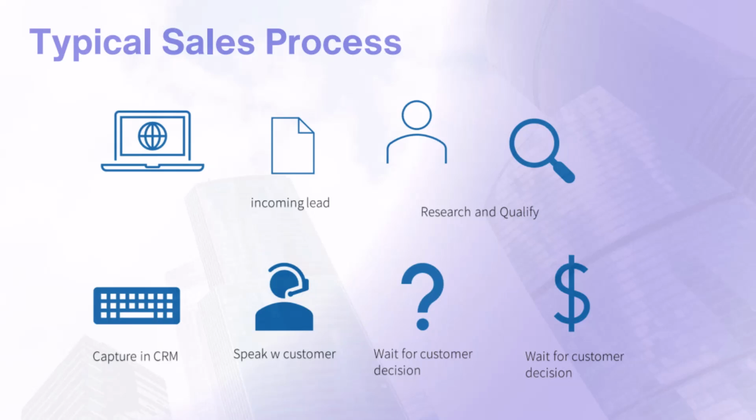Now there's a bunch of different ways that we take those leads in, but basically that lead comes in, and then our team is tasked to take a look at that lead, research it, and identify, is this worth our time or not? We have to qualify that lead, and that's often an arbitrary process. What I consider a qualified lead, Shane or David may not consider the same. And so I think that consistency can sometimes suffer as a result.